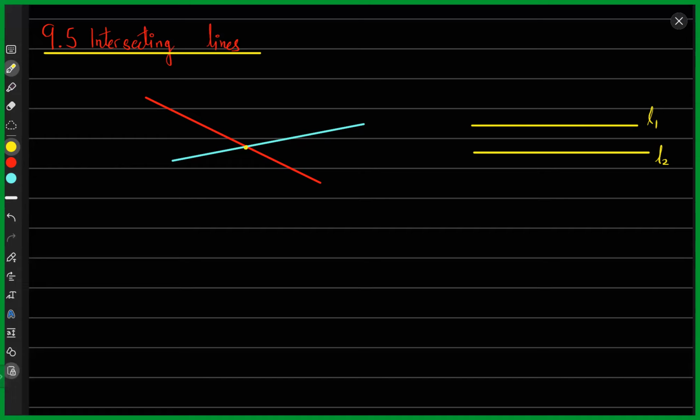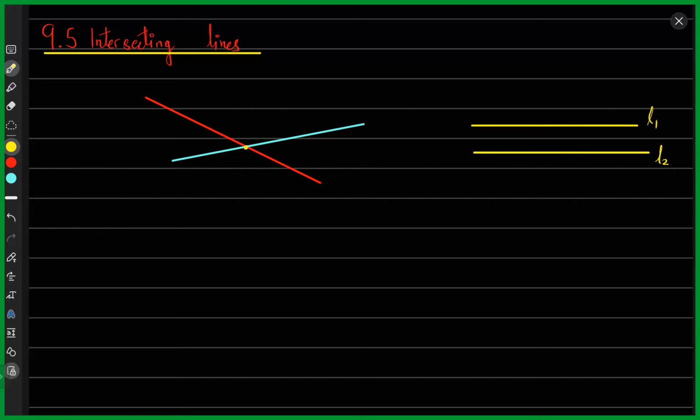And then two lines are coincident if they have the same direction and an infinite number of points in common. That basically means that the direction is the same and all the points are the same because the two lines are lying on each other. So that's also a separate case.